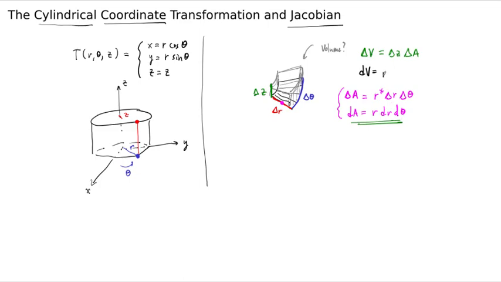I'm going to just rearrange it and write it as r dr d theta dz. So this is a geometric argument, remembering all the work that we did in polar coordinates, and then just saying that in the third dimension, this is just extending up the height here and making a little box, in some sense a polar box out of this shape.